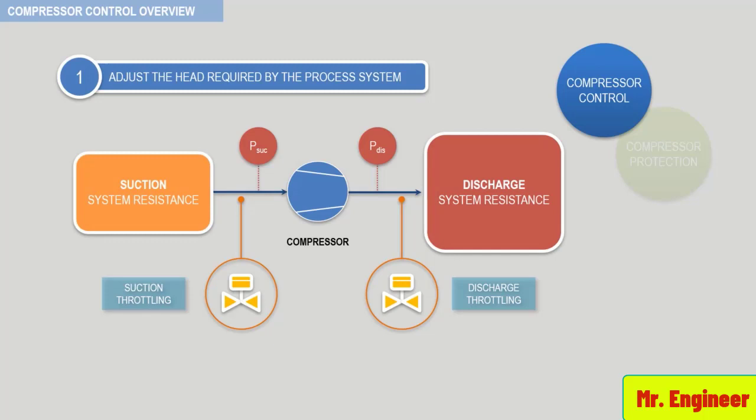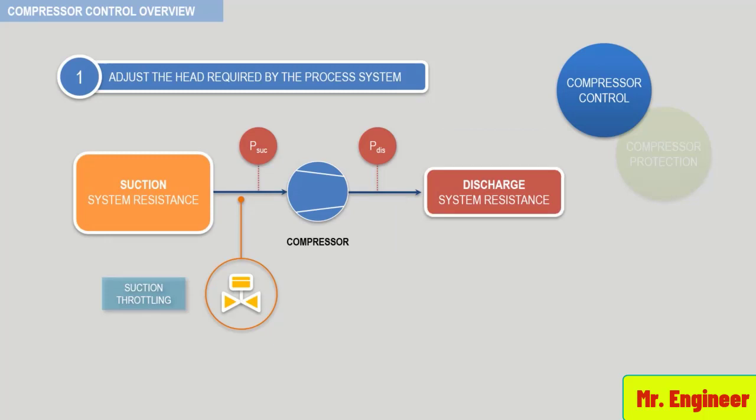In the case of suction throttling, the suction system resistance is increased, but this results in a lower suction pressure at the compressor flanges. One fact that is often misunderstood is that the compressor curve describes the energy increase from the compressor inlet to discharge flange, and pressure must therefore be measured at the inlet and outlet of the compressor to directly assess its operation.